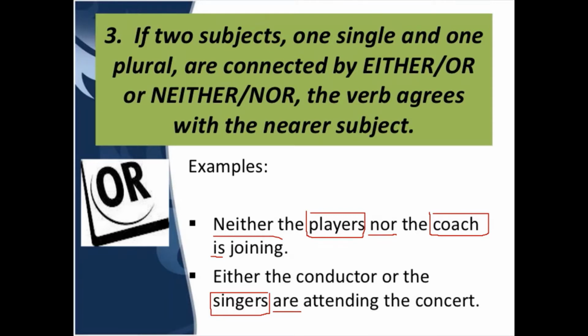So there are two subjects connected by either or: conductor and singers. Singers is the nearer subject. So that's why the verb used in this sentence is are. So that is for rule number 3.